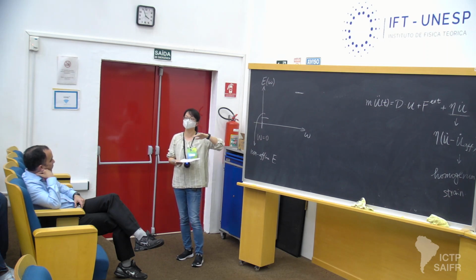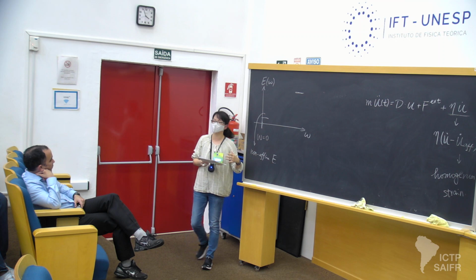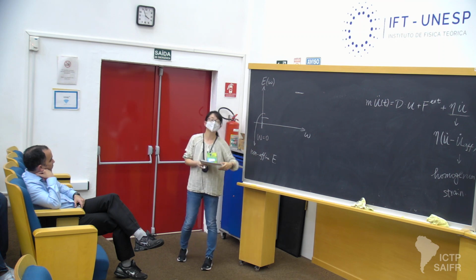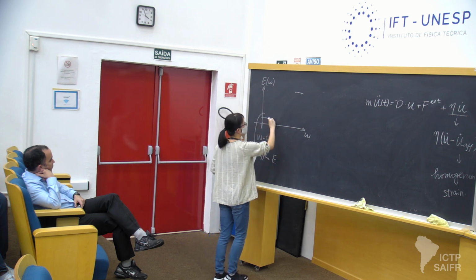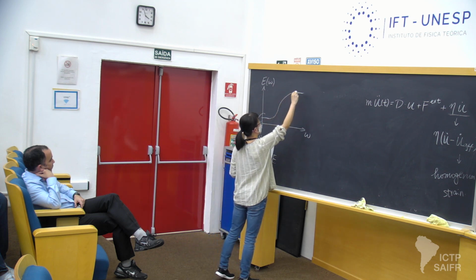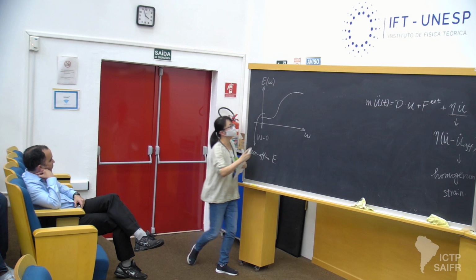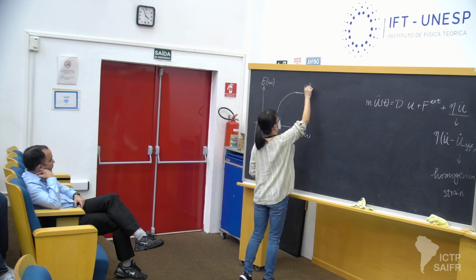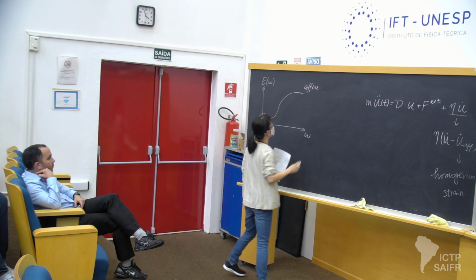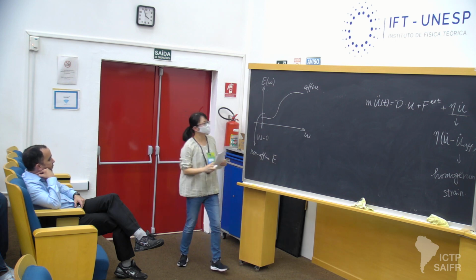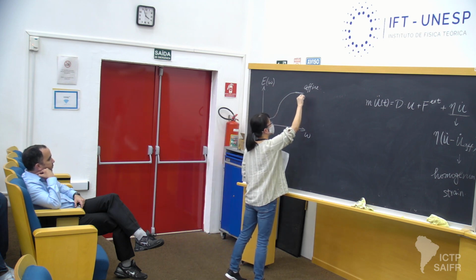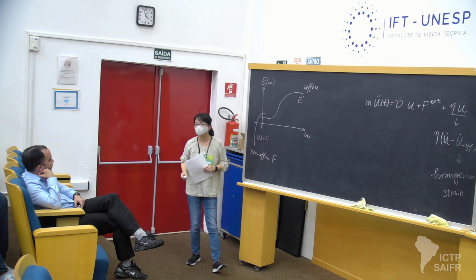It has to move so fast that it just adopts whatever the solvent is doing. And then there is a crossover from the non-affine to the affine behavior. This is typically the real part.